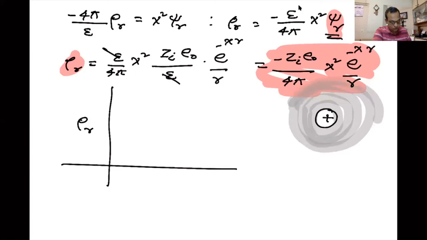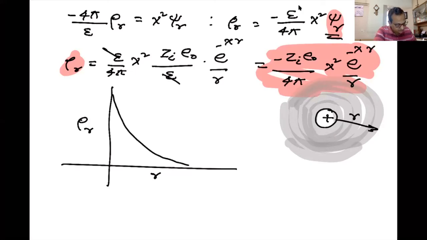So the excess charge density in that cloud would vary with radial distance in this fashion. It's obvious, no? Near the ion, the cloud will be denser. Away from the ion, the cloud will be less dense. Is it not?